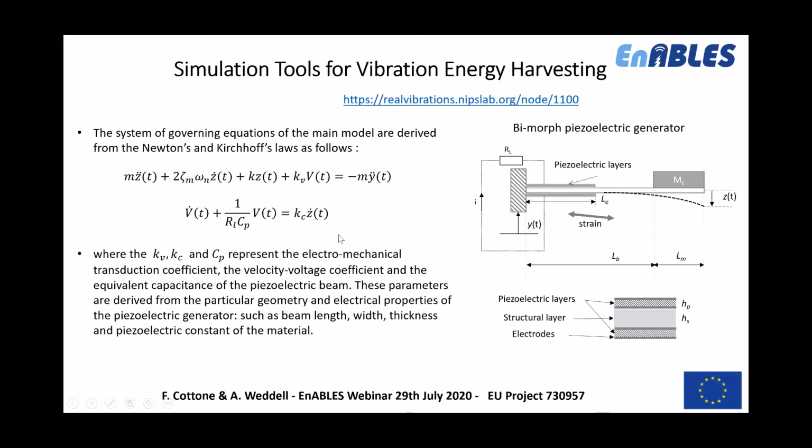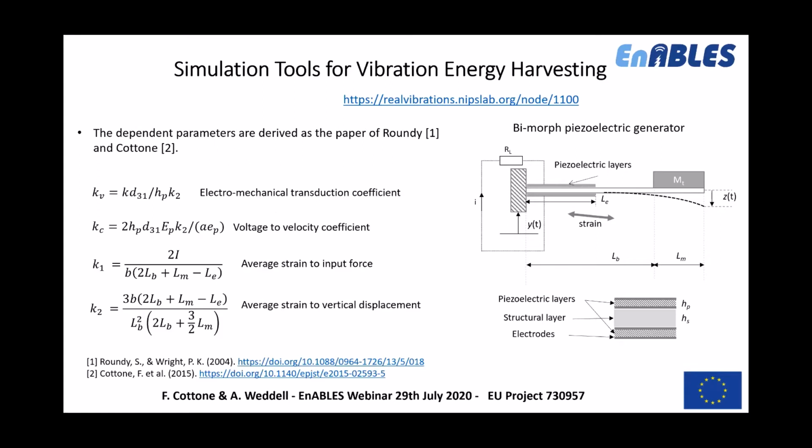They can be changed by changing the input parameters, like the geometry or material properties of the system. All these parameters are dependent parameters derived from the input parameters provided to the simulator. So all are calculated as you can see here.